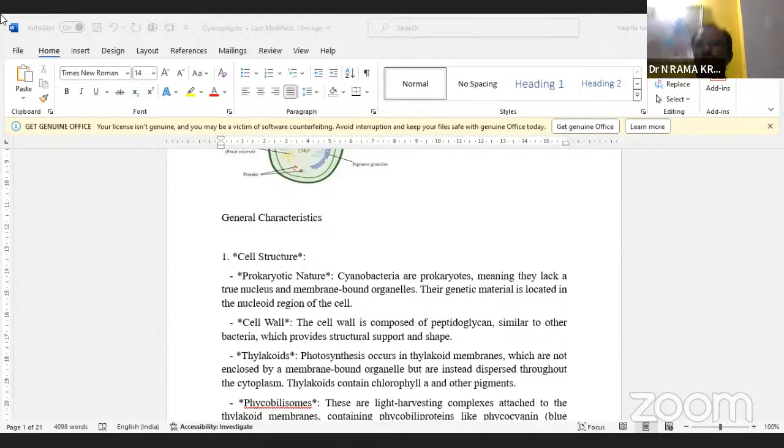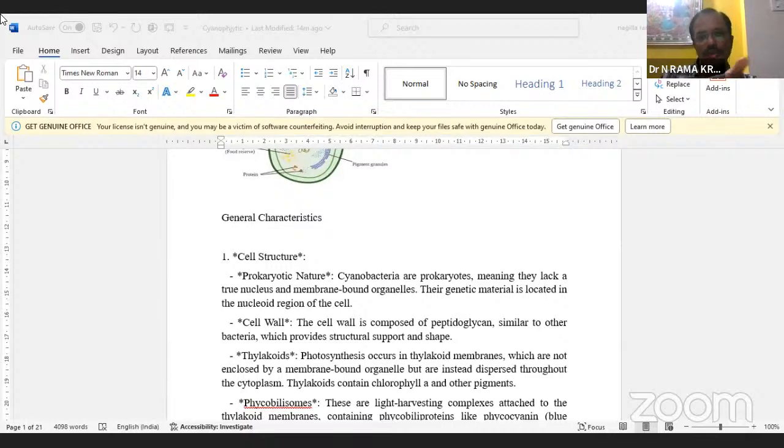There are many unicellular cyanobacteria, and some are colonial, for example Merismopedia, which is a colonial type. Some members are of the filamentous type.